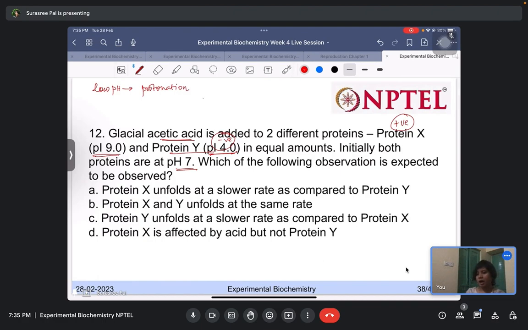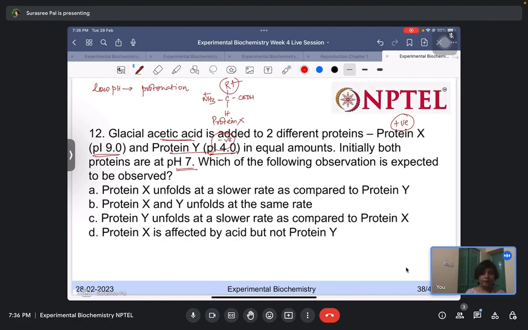So the amino group is protonated, the carboxyl group is protonated, and the R group, which will be positively charged in case of protein X, will also be protonated. Whereas in case of protein Y, the R group will be negatively charged, right? So there will be less charge repulsion in protein Y when the pH is reduced.